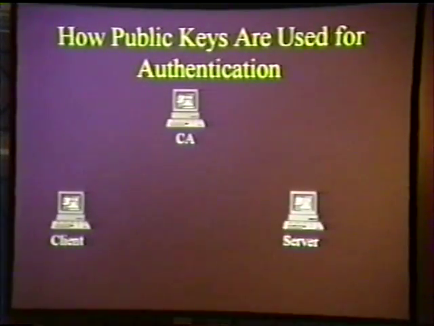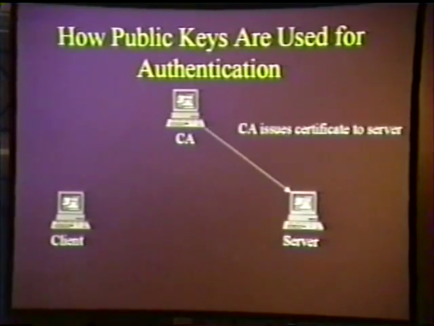Here is a very simple diagram of how public keys are actually used in authentication. What originally happens is that the CA issues a certificate to the server, and the server then stores the certificate locally on itself.